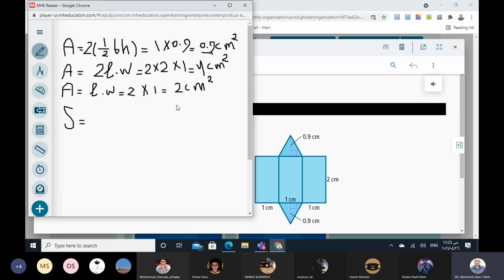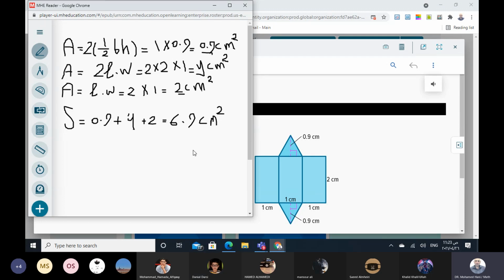We have here 0.9 plus 4 plus 2, plus here we have 4, plus here we have 2. 2 plus 4, 6, plus 0, 6.9. 6.9 centimeters squared.